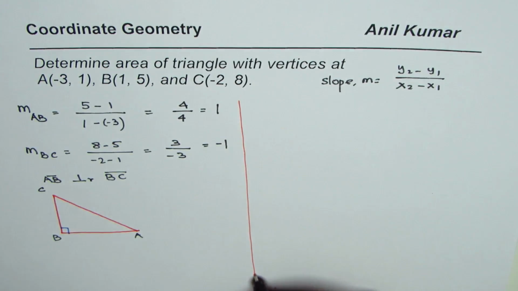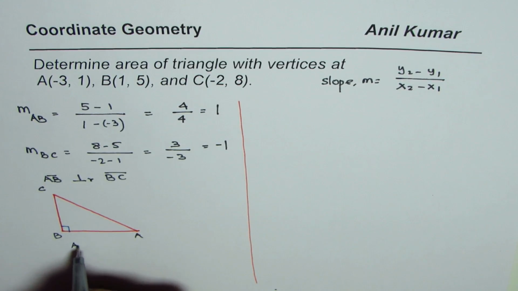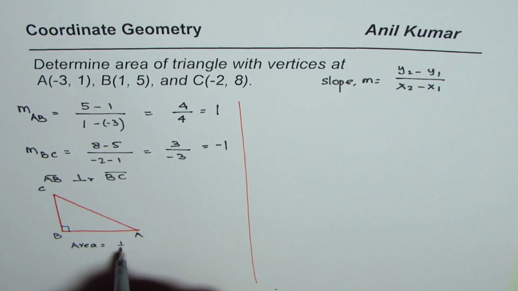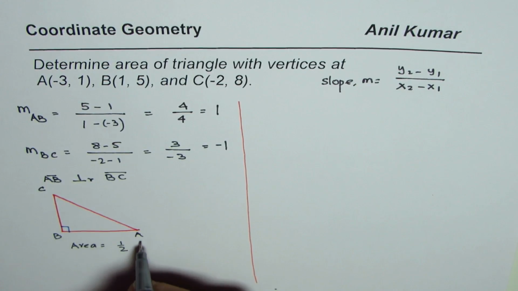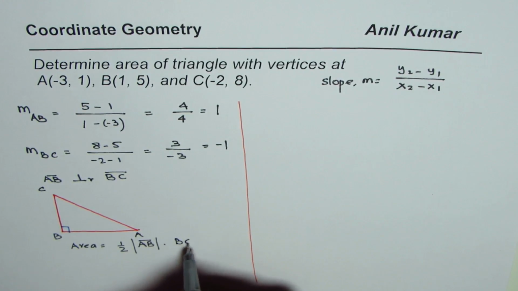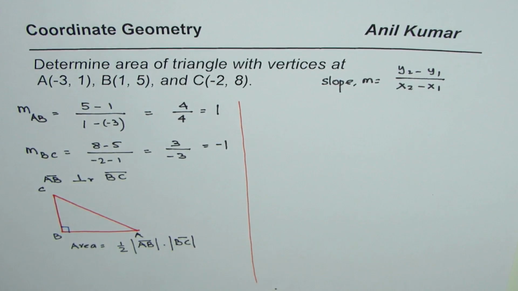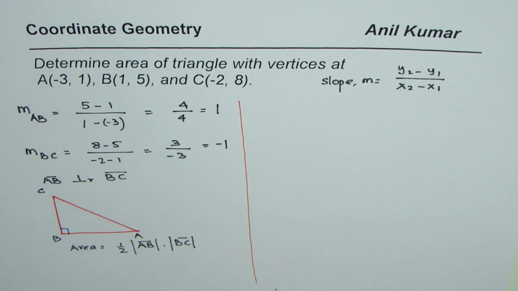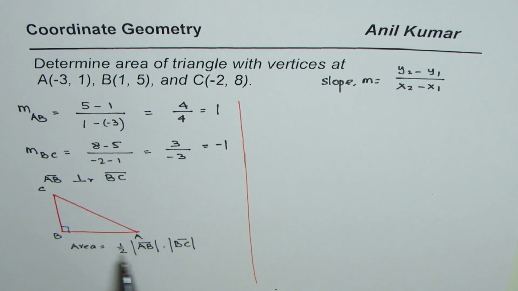We'll do the calculations on this side. So area equals half of, we can consider AB as the base, so we'll take the magnitude of AB times height, which will be BC. So BC will be the height for us. So to find the area, we need to find the length AB and the length BC.